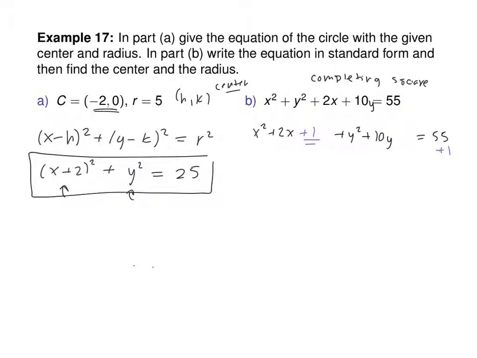Okay, what's half of 10? 5, and 5 squared is? So if you add 25 to the left side, you add it to the right side, correct? And then you factor each variable as a group. How does the x squared plus 2x plus 1 factor?